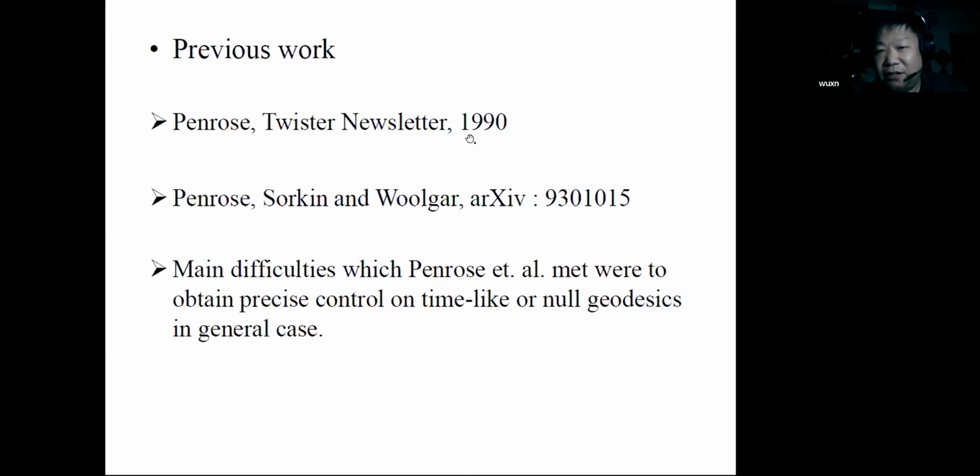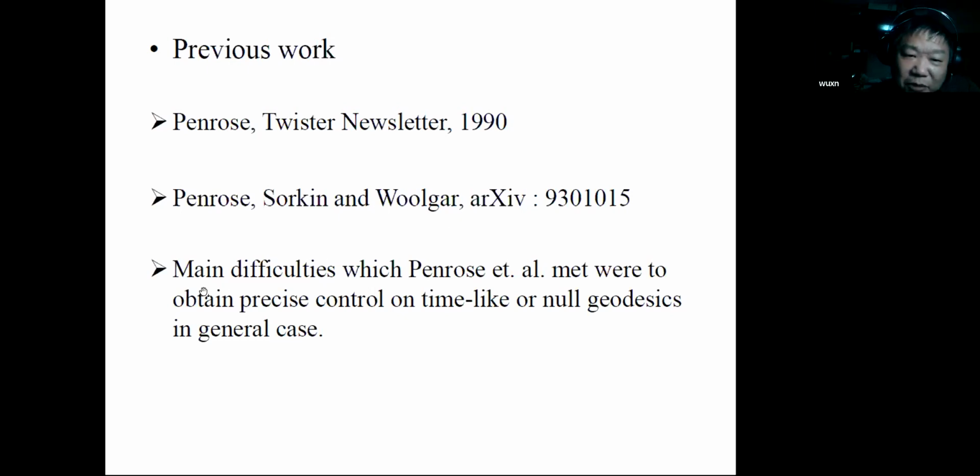In another short essay written by Penrose in 1990, in the Twistor Newsletter, he re-expressed his idea in a much clearer way. And also in another unpublished paper by Penrose and his students, they tried to realize his idea in some precise way. But unfortunately, they haven't done this in a very precise way.